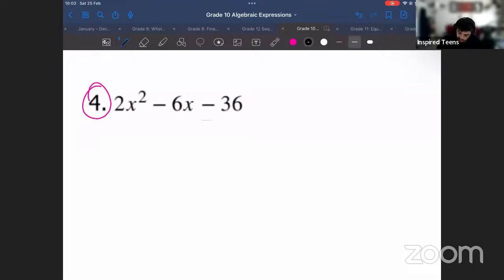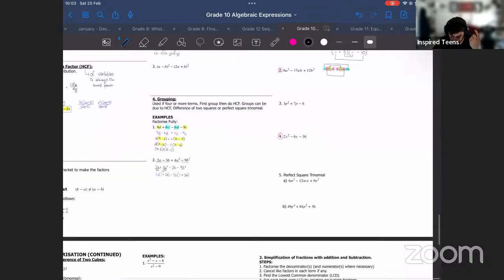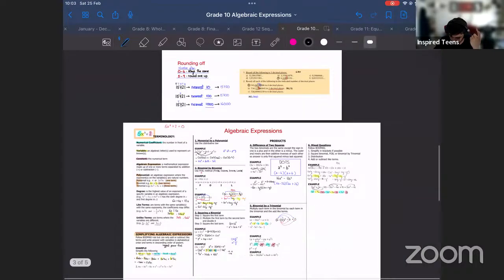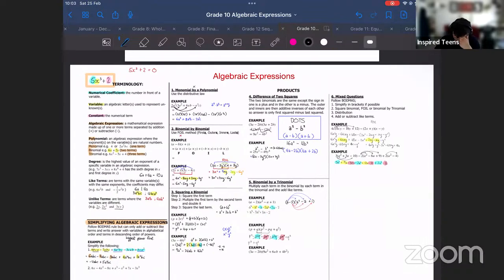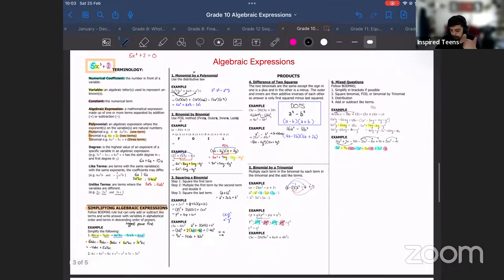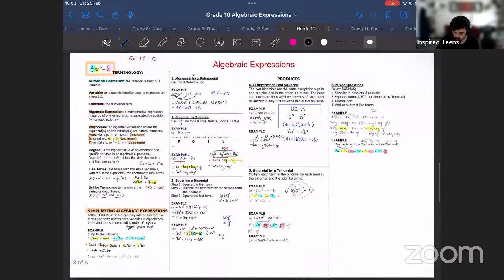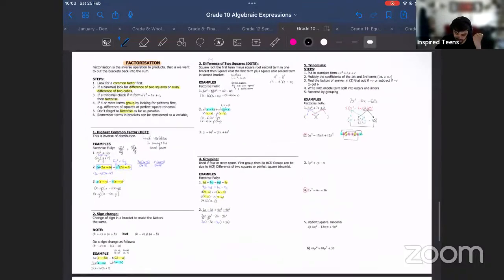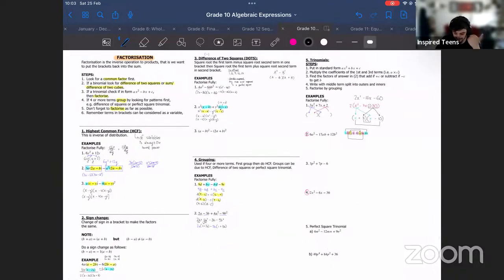Firstly, remember we discussed, even I forgot for the first question last week, the HCF. Whenever we are busy with factorizing, we completed simplifications: monomial by polynomial, binomial by binomial, squaring a binomial, difference of 2 squares, binomial by trinomial, and some mixed questions. Then we did factorization where the first thing we look at is the highest common factor.